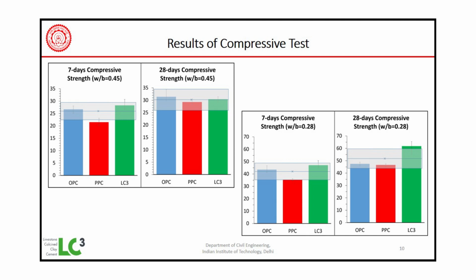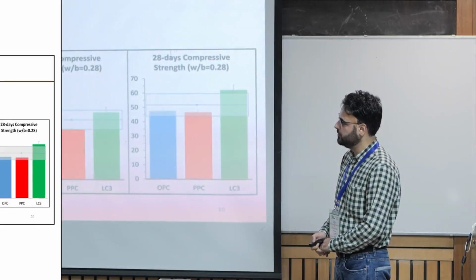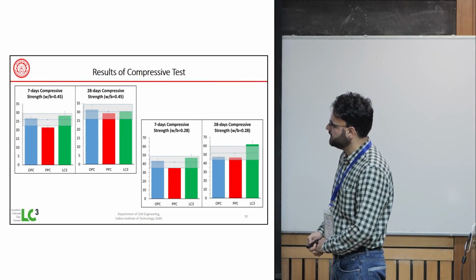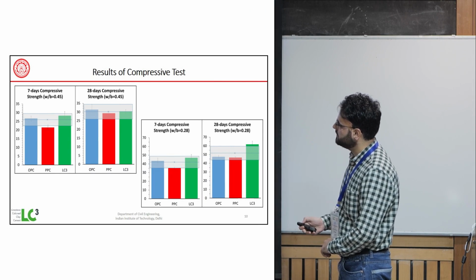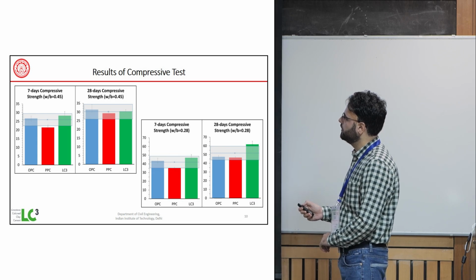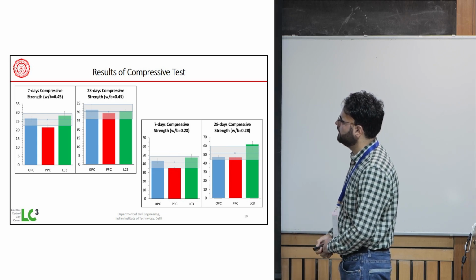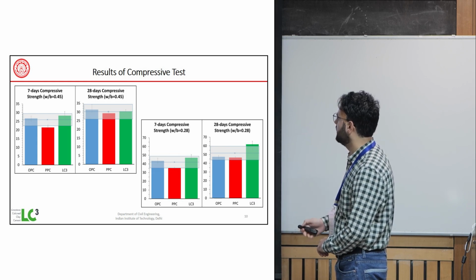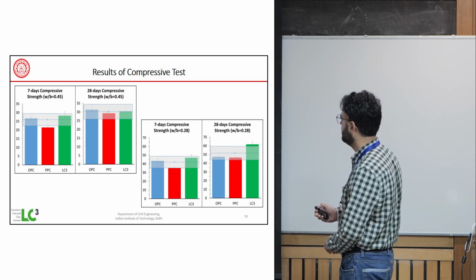In this, if we see this band here, this is the plus minus 15 band, which was used to check the comparison of these three cements for 7-day strength with a water binder ratio of 0.5 and with a water binder ratio of 0.45 at 28 days strength. The results are very comparable, and similarly for this case.